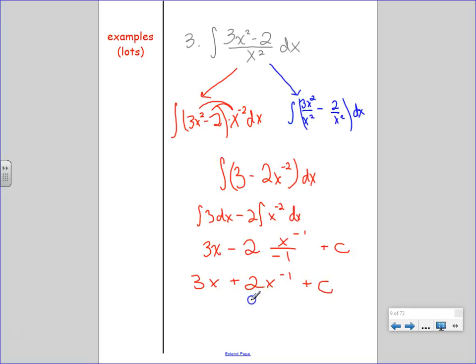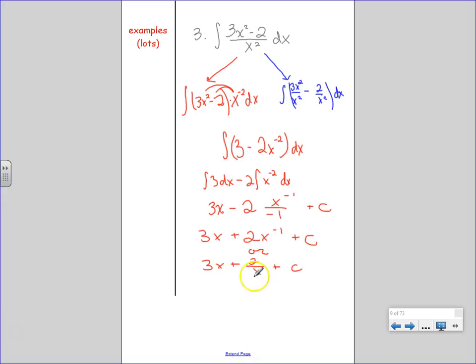But why am I going to do an or? Yeah, I can also make the x to the -1 a 1 over. There is a 2, so I'm just going to go ahead and put a 2 over x. But hold on. Why am I going to do another or?